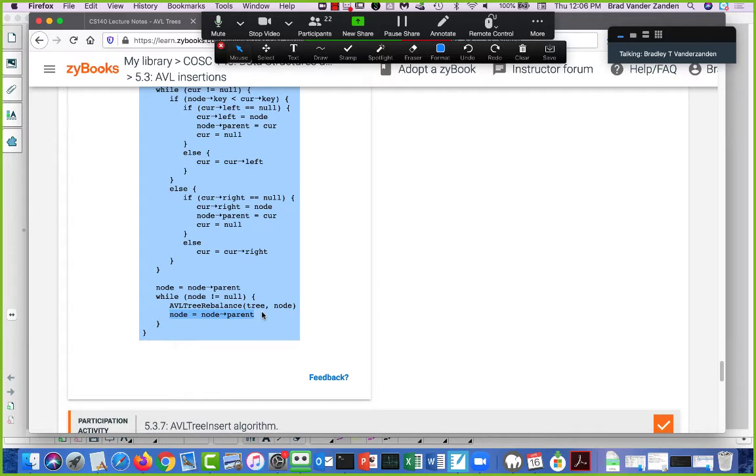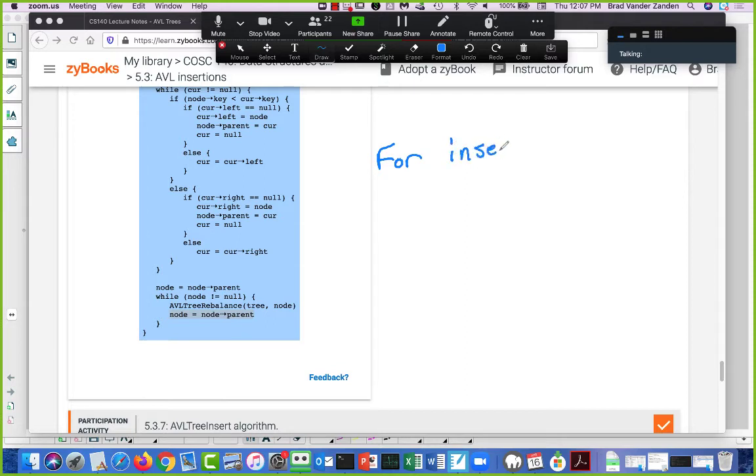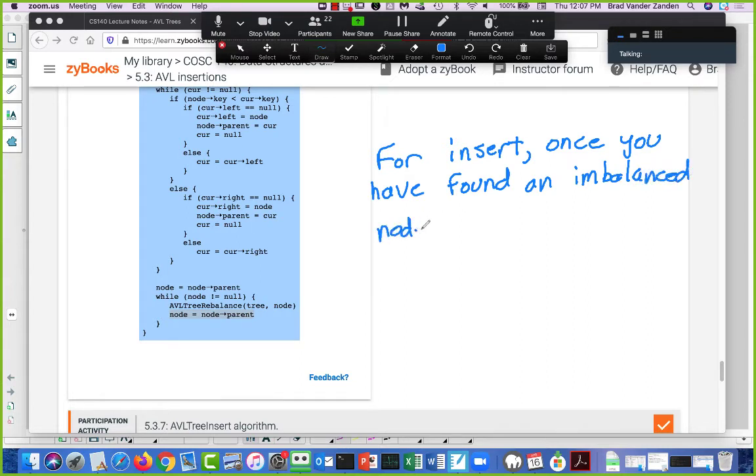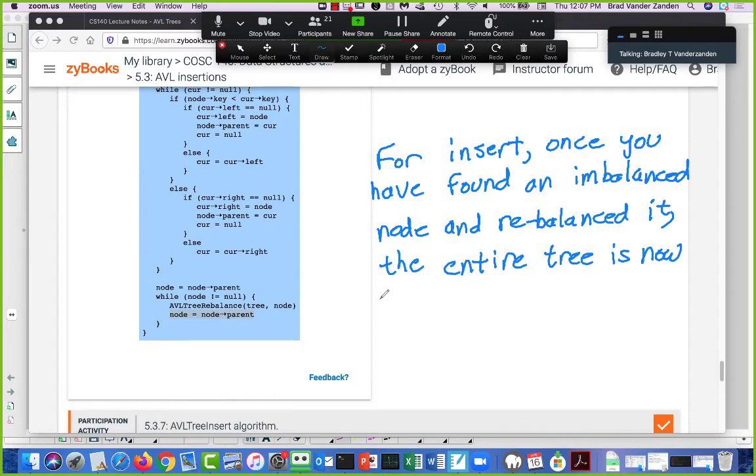Now, it is the case, and I'll just write it down, that for insert, once you have found an imbalanced node and rebalanced it, the entire tree is now balanced, and you can return.